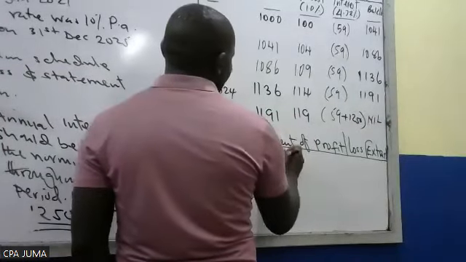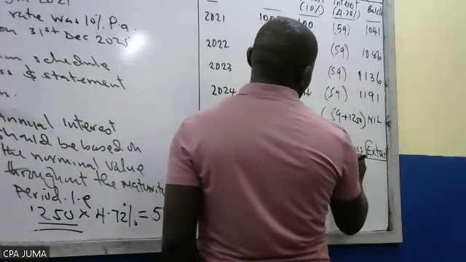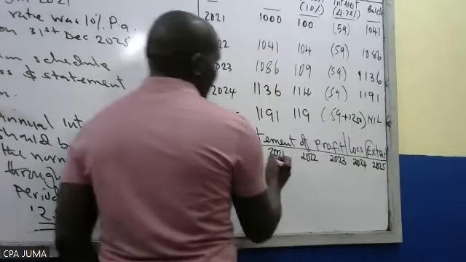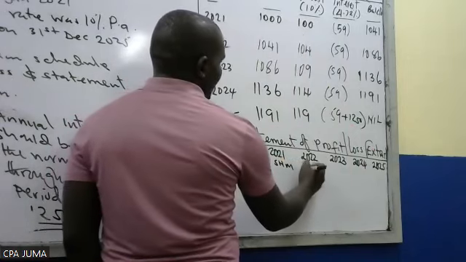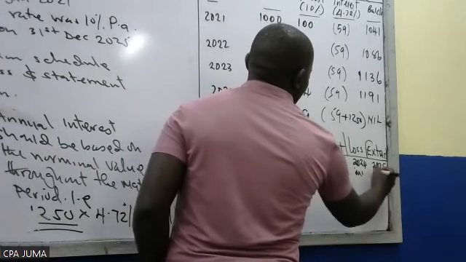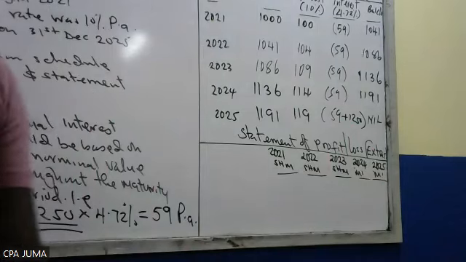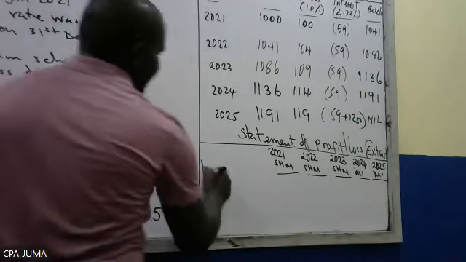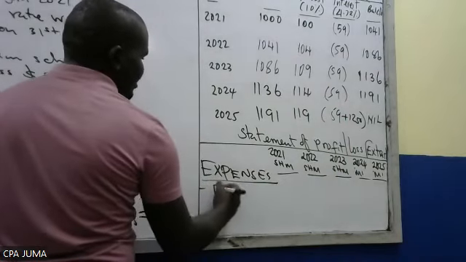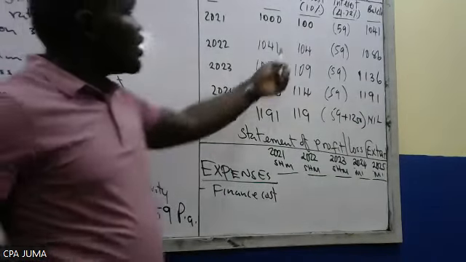Extract means give us income and expenses which we are capable of seeing. We are not seeing any income. The only expense I'm seeing, so right here, expenses, is finance cost. So finance cost, you pick this column here.